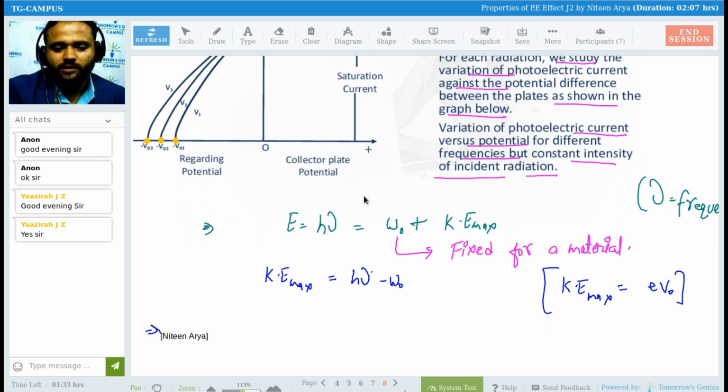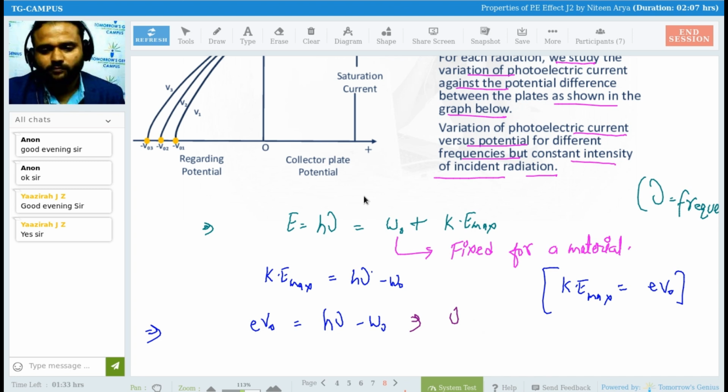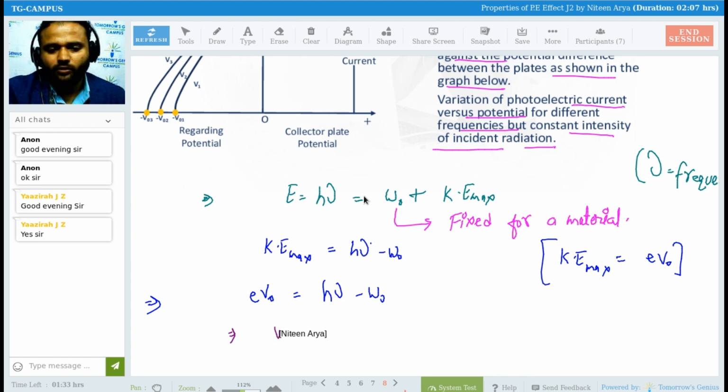So from these two relations, eV₀ is going to be hν − W₀, where W₀ is fixed, you can say any constant C. So V₀ is going to be (1/e)(hν − C), where C is a constant.